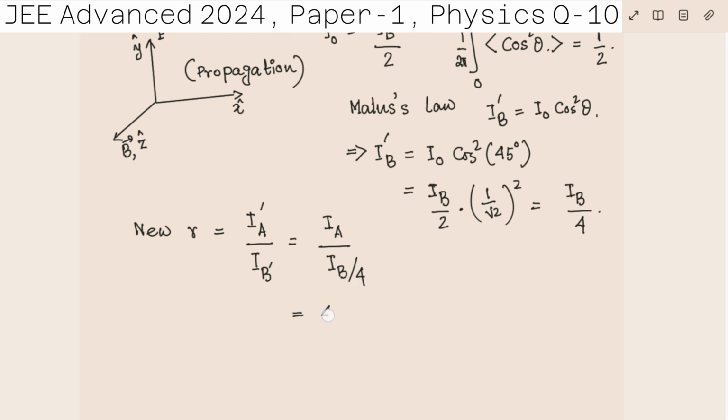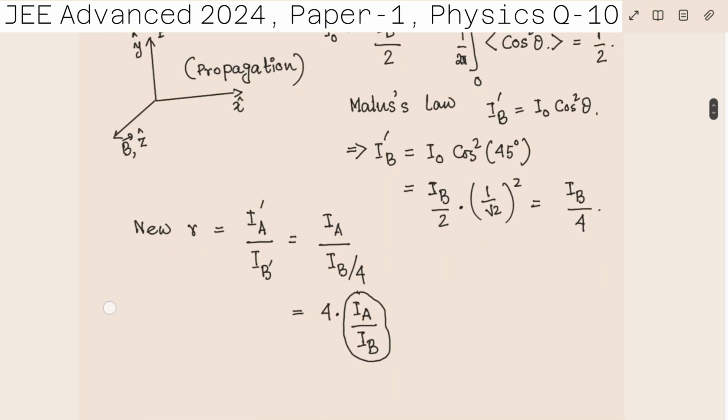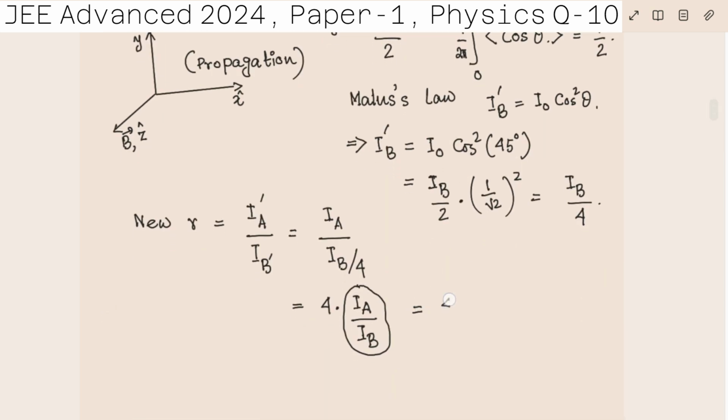So that is 4 times IA over IB. This quantity we know from the initial given information, so it would be 4 times 2, which is 8.